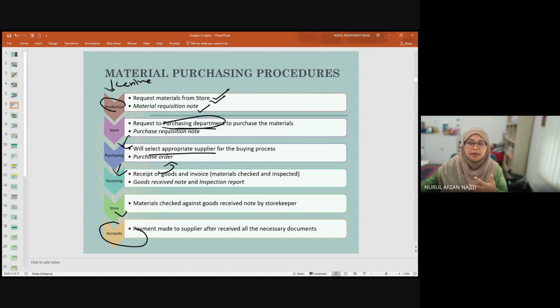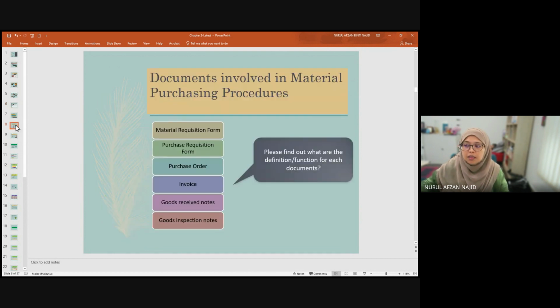Okay, so soalan ni biasa keluar dalam test you. Hence this is the first activity which you kena cari maklumat ni sebab soalan ni memang selalu keluar. So what are the documents involved in material purchasing procedure? So madam dah list down, these are the documents yang diperlukan dalam purchasing procedures.